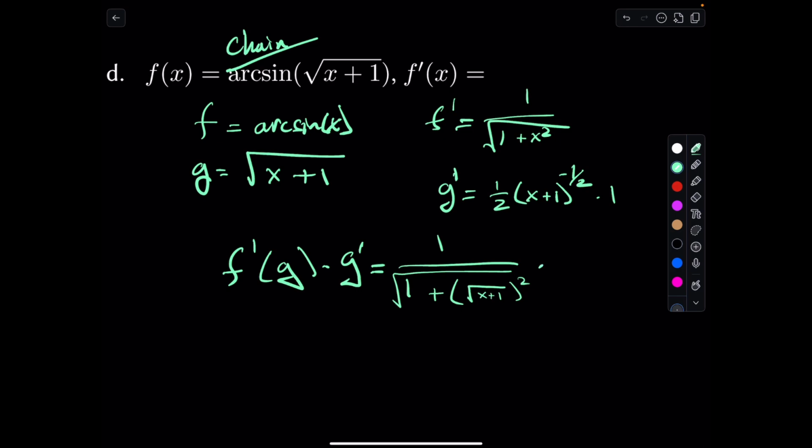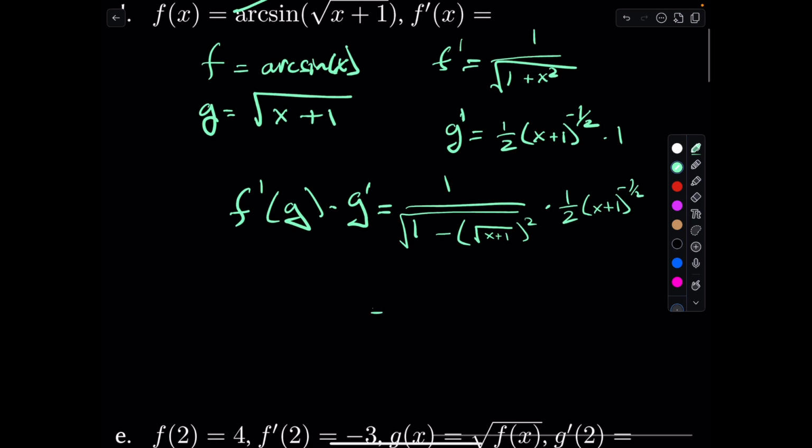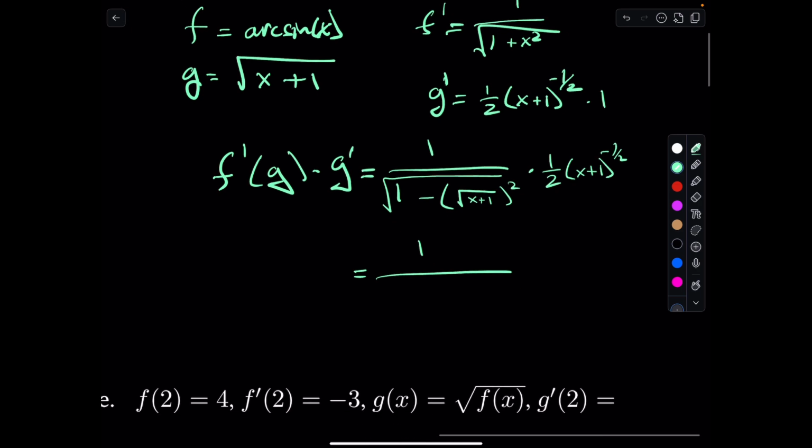Oh, sorry, not 1 plus, it's 1 minus. Hold on a sec. Let's clear that up. Okay, so g prime, which is 1/2 x plus 1 to the negative 1/2. So let's see if I can clean. I suppose I boxed everything else, but this one I want to clean up a little bit better.